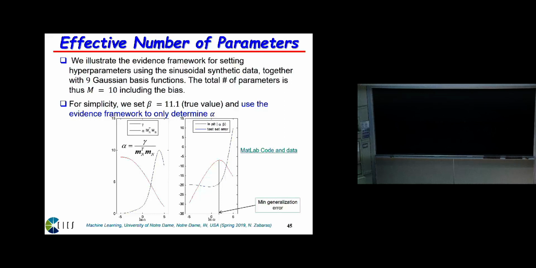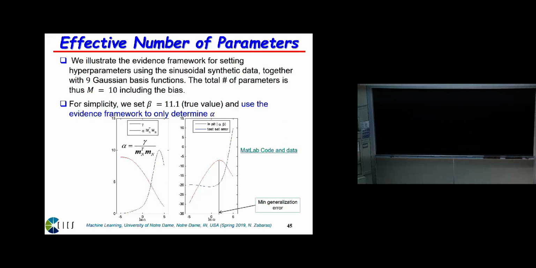this is the application of these results in Bishop's example, and there is a MATLAB program that you can play with, and the optimization of alpha and beta, as I said, happens here separately. I don't know if that's for a reason. Okay, you can tell me. But if you keep beta constant and do iterations to maximize the marginal likelihood with respect to alpha, you come up with this estimate, okay?